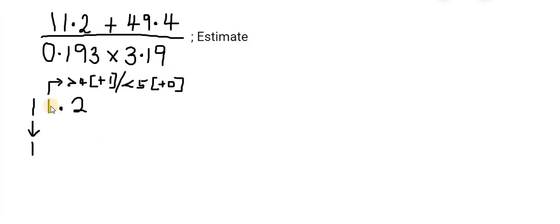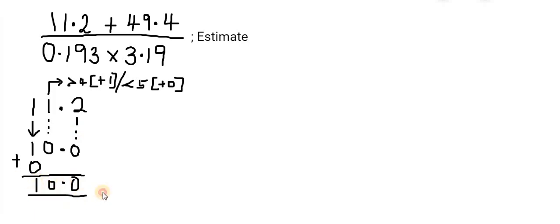In this case, 1 is less than 5, so we add 0 to the previous number, and then we convert the remaining numbers, bring down our point, to just zeros. So when we complete the addition, that's 10.